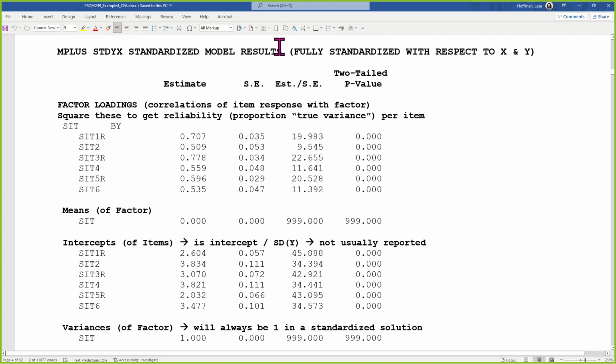Here it is. Standardized solution was on page 4. We have the standardized factor loadings that are in the scale of Pearson correlation. That's what they represent. And it looks like the items that were reverse coded are loading relatively higher. So they represent more of what this latent factor is according to this solution, but they all contribute to some extent.